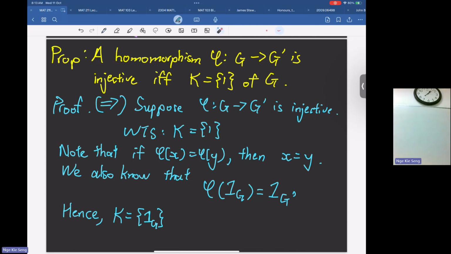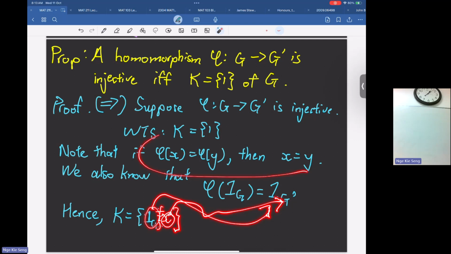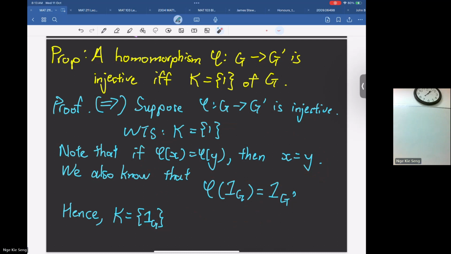If you are very stubborn and want to put another element inside here, which is not the identity, what happens? x, which is not the identity, gets sent to identity, and the identity also gets sent to identity. That's a contradiction to injectivity. Is everyone following?